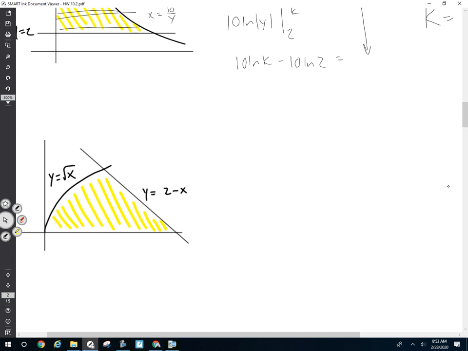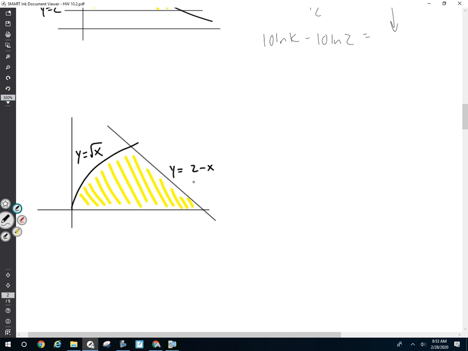And I'll do the same thing here because I didn't find the area. This intersection is 1. Here's my line y equals k. I could see it's going to be underneath 0.5, which is the midpoint.